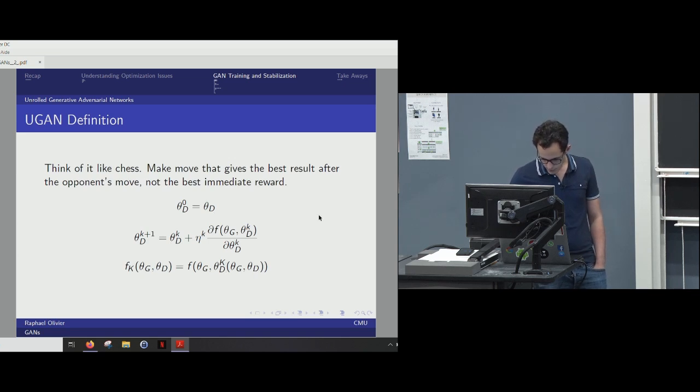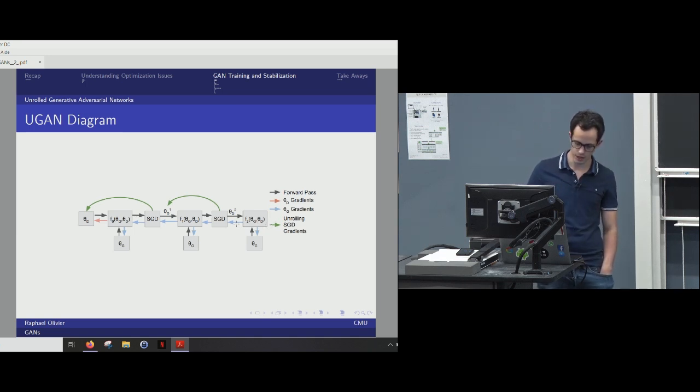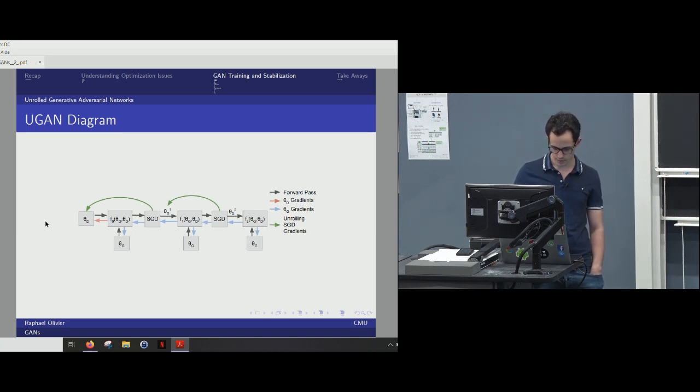Maybe it's clearer with a picture. That's called unrolling. I don't think it's specific to GANs, but it's a thing that you can do. So you just compute with SGD a bunch of new discriminators, and then you unroll in the sense that when you backpropagate, you backpropagate through all of those SGD steps to get your new generator.